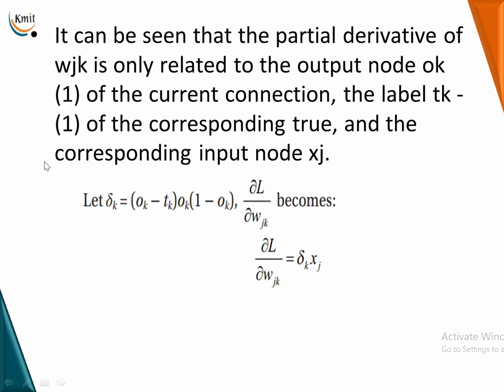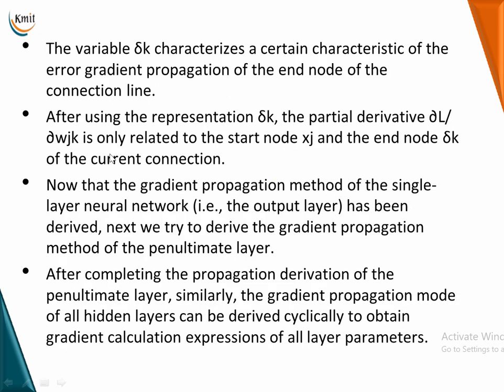Go to the previous slide and understand that this is the thing I must remember: the gradient of my loss function is dependent on delta_K times x_j. Correct. So the variable delta_K characterizes the error gradient propagation at the end node of the connection line, and after using this delta_K, you found that the gradient is only related to the starting node of the input, that is x_j, and the ending node delta_K.